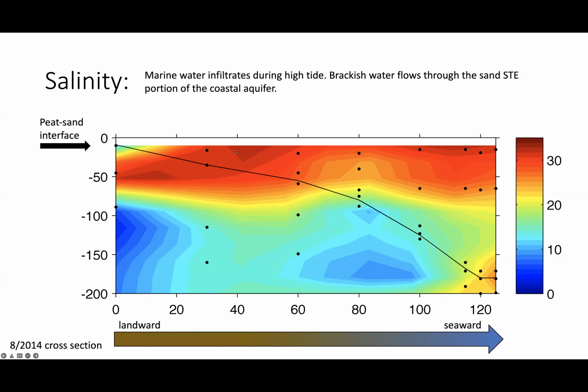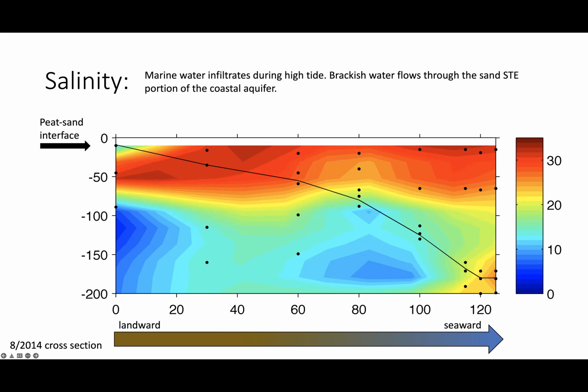And as you can see, our peat depth increases as we go more seaward. This line is that peat sand interface, we think. And here we have marine water sitting atop the fresh intrusion. That is because of the daily overtopping of the salt marsh, which leads to input of marine water directly into the peat.